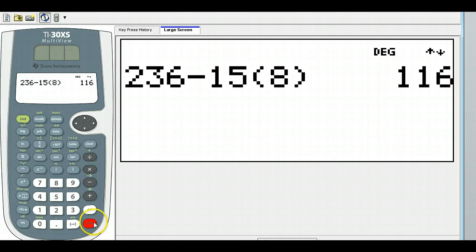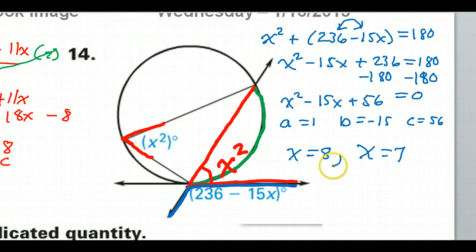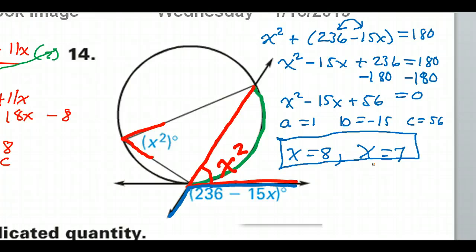Okay, that gives me 116. So that's fine. On the other hand, if I do the same thing with the 7, well, if it works with 8, it should definitely work with 7. Okay, so it looks like we're just going to have two solutions to this problem. So we're going to have 8 and 7.